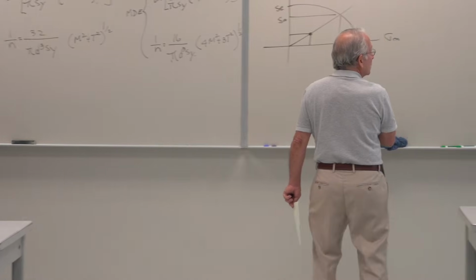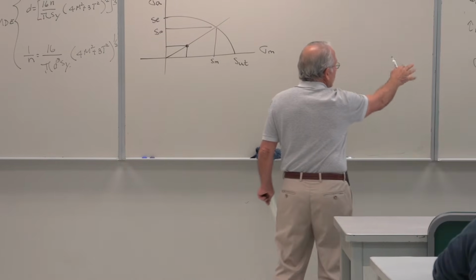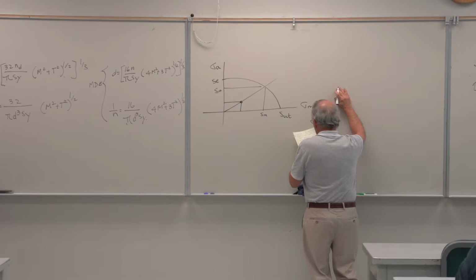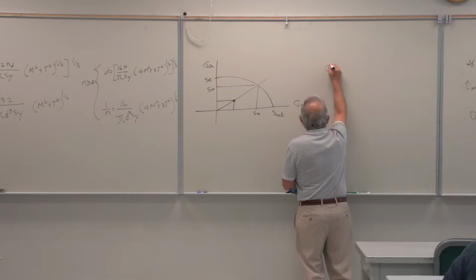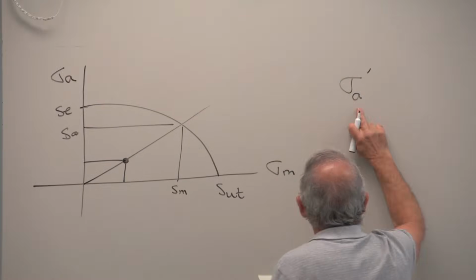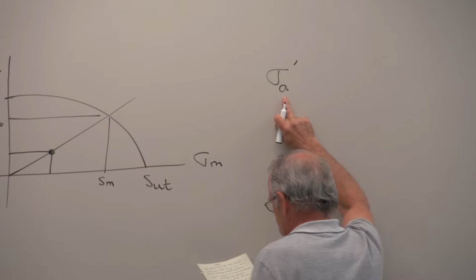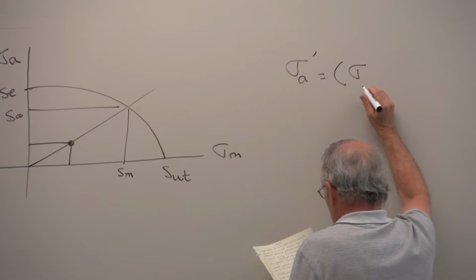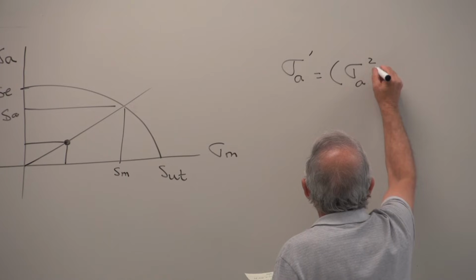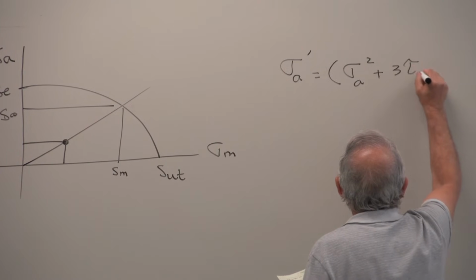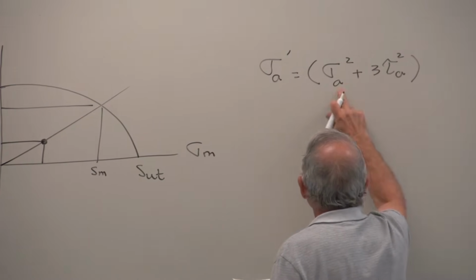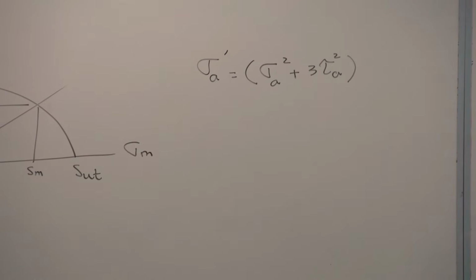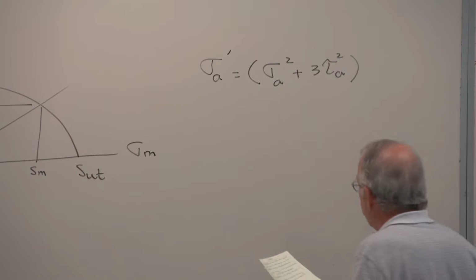So sigma A prime, the alternating von Mises stress, is equal to (sigma A squared plus 3 tau A squared) to the 1/2, where each of these comes from the alternating value of the moment or torque respectively.